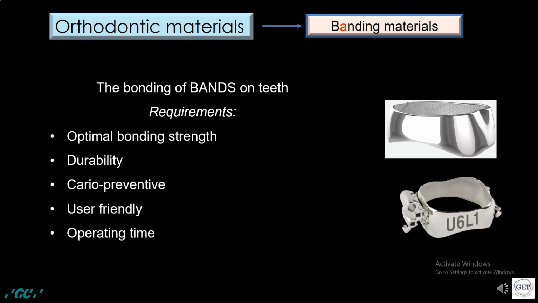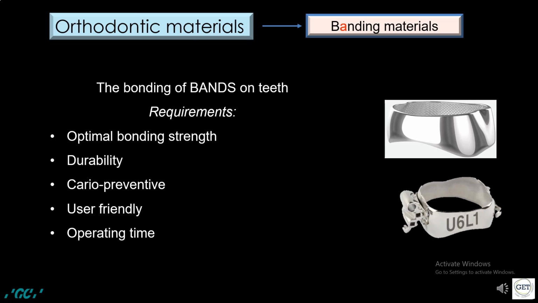Placing and bonding a band on a tooth is a common procedure, which requires accurate placement and the use of materials that not only withstand the treatment period, but also will not cause damage to the teeth. The best fit of the band will require minimum bonding material, just enough to fill all spaces between the band and the tooth. The bonding material should have the characteristic to bond to metal and to the tooth surface.